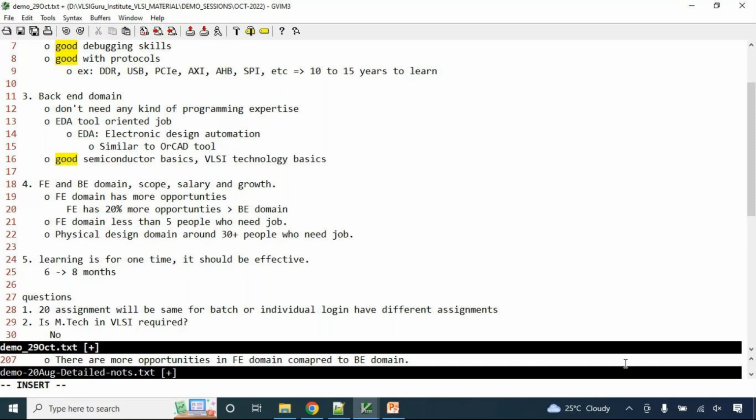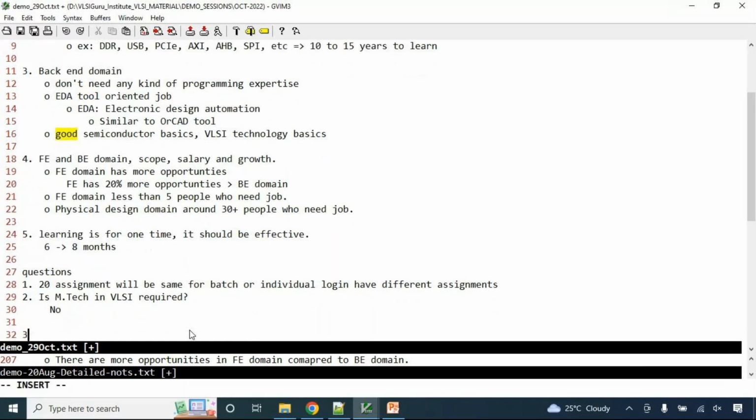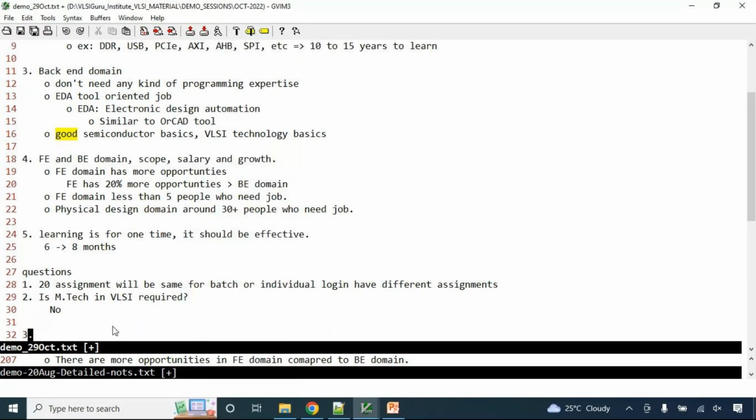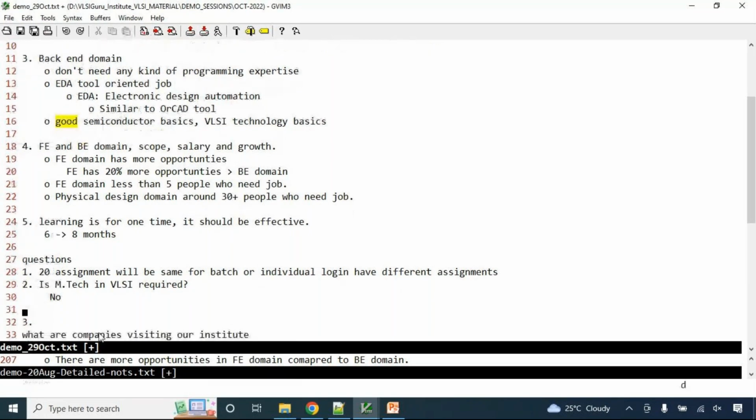Whether you provide aptitude training? There is no aptitude training. We'll conduct aptitude-based questions, and we can discuss, but there is no dedicated training as such on aptitude. Every company requires an aptitude test. It is good to learn aptitude always.